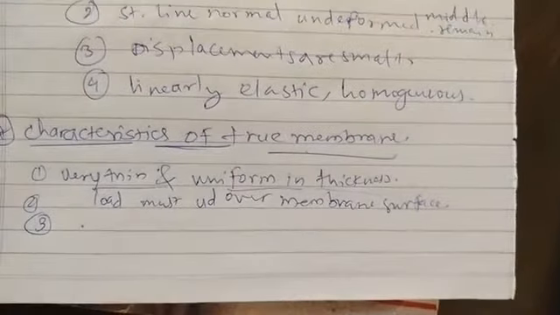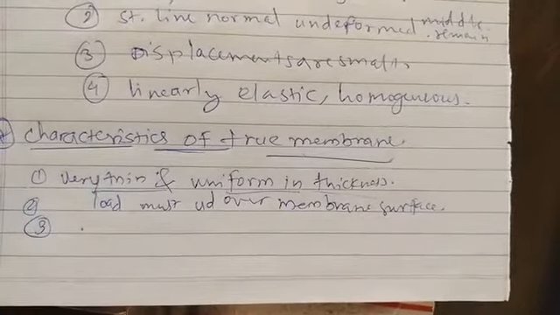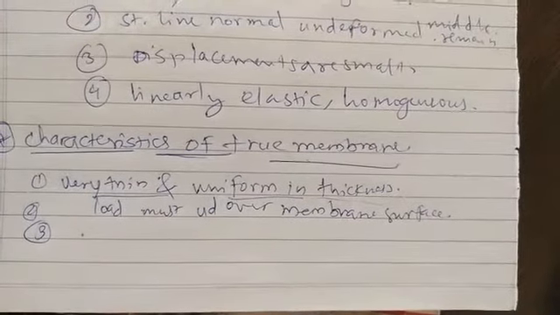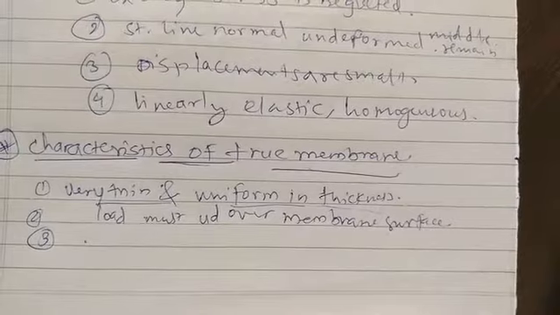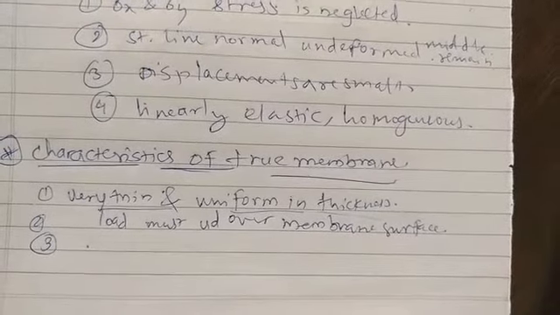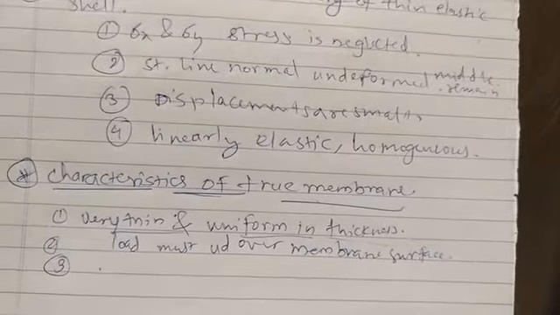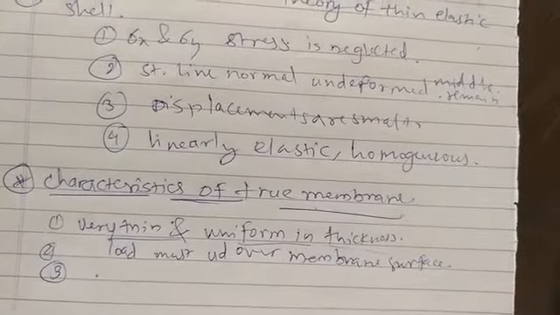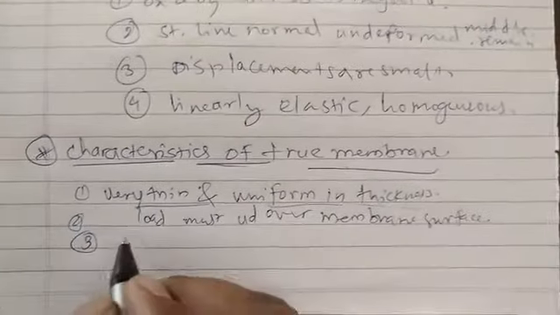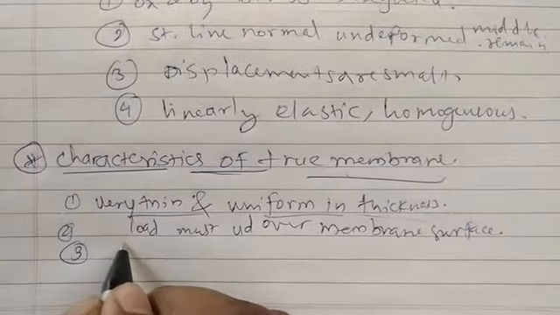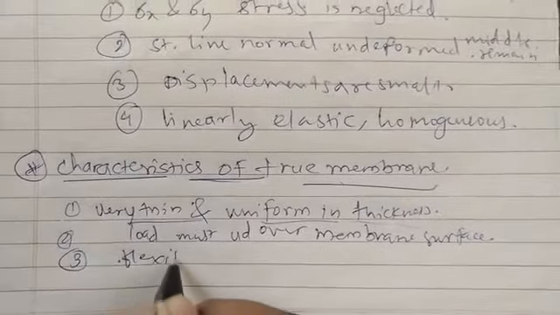It must be perfectly flexible at any point on the middle surface, so that it can have full freedom of displacement along the normal to that point. Okay, so being flexible is the key point for this.